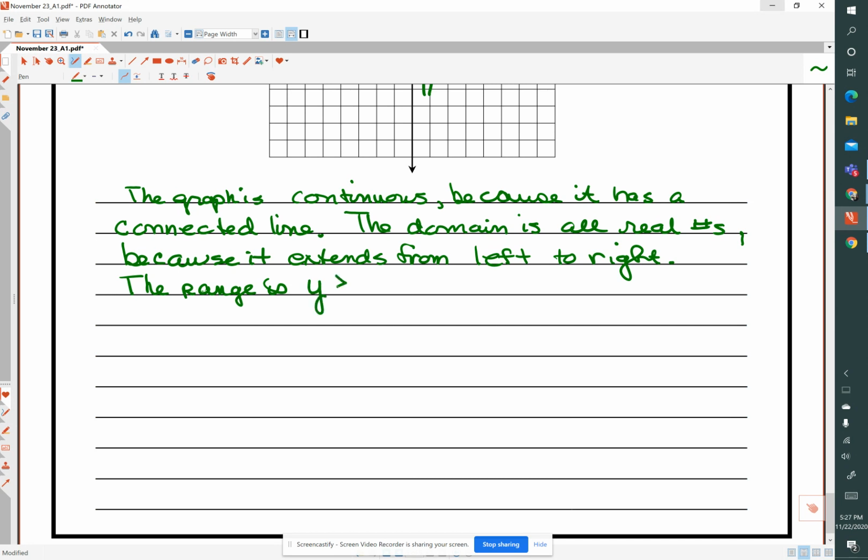So that would be y is greater than or equal to -3, because the minimum value is -3 on the y-axis. Okay, let's talk about, is it a function?